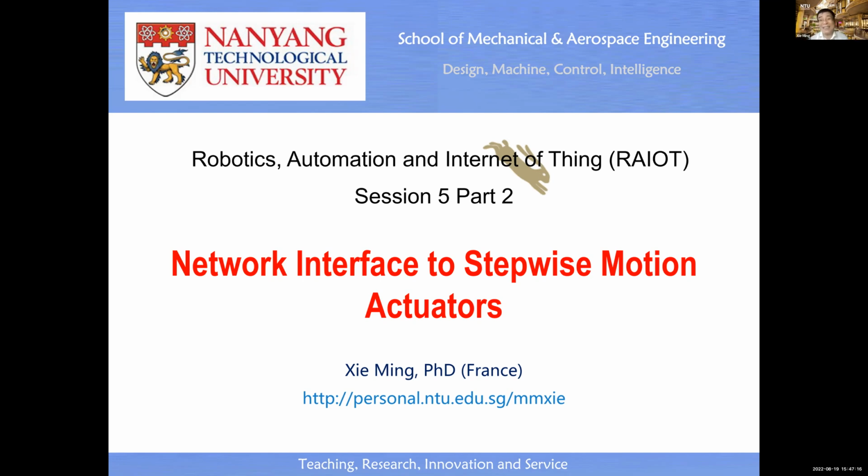Now we try to see how many actuators we could attach to each node inside the IoT, which makes use of an ARM microcontroller, right? So we first look at how to interface a stepwise motion actuator inside the IoT with the use of an ARM microcontroller, right? Okay, so we move on.